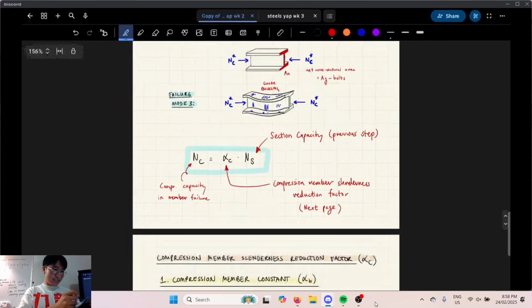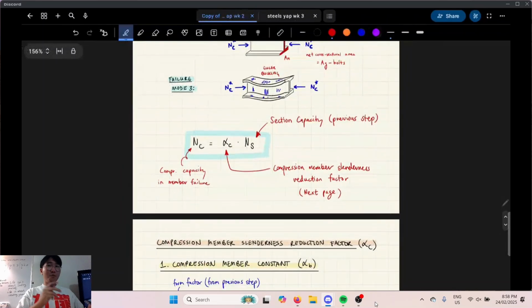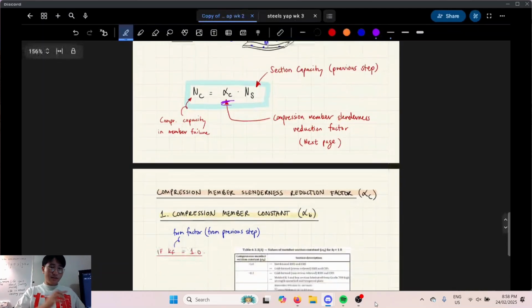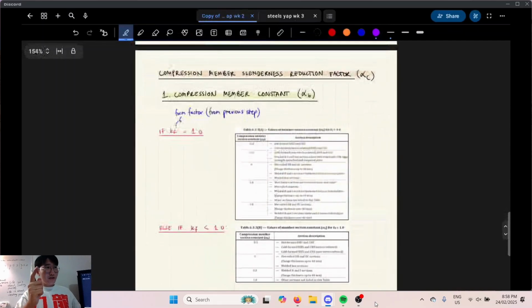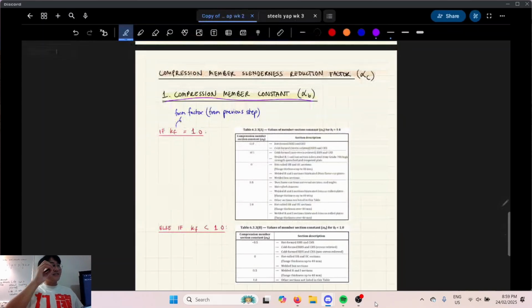Okay, so this is a deceptively simple looking formula, but how to calculate alpha C is kind of annoying. There's multiple steps to it. Essentially it's a slenderness reduction factor. You know how we talked about how Euler buckling is a function of slenderness ratio? We'll unpack that. The first of the 2 main things you have to calculate here is the compression member constant, alpha B. So you need alpha B to calculate alpha C. You need alpha A to calculate alpha B, in the derivation in the slides, but you don't need it when you're doing questions.